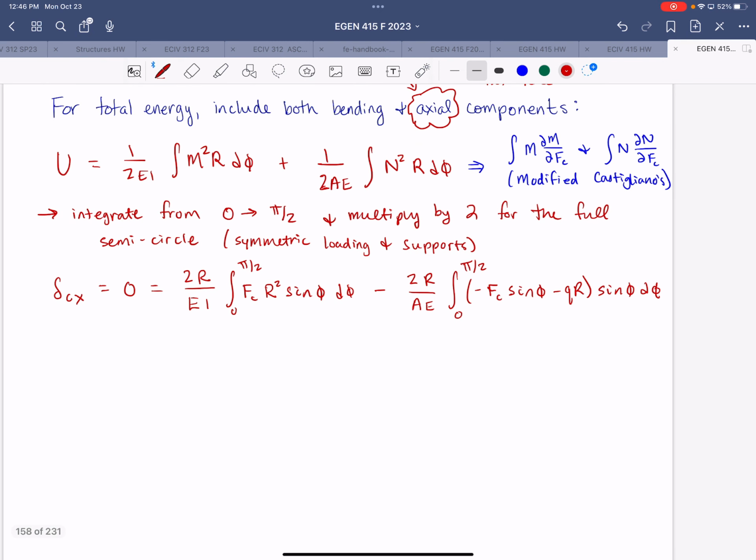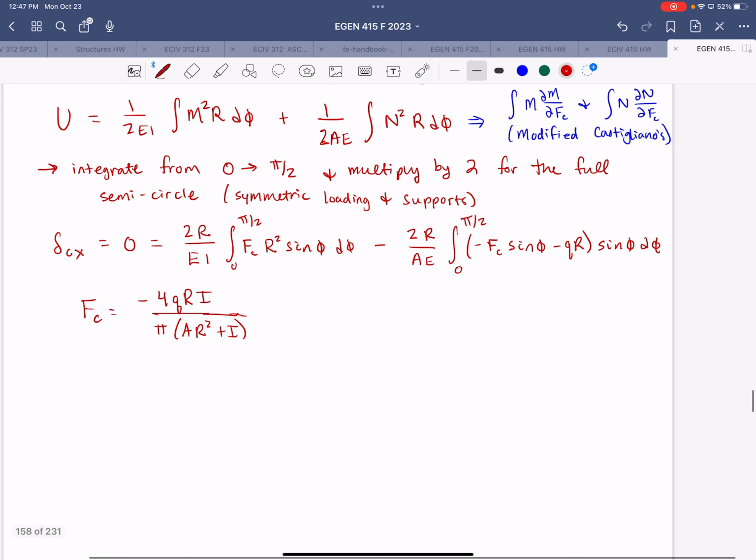All right, so then solving for F C, we get negative 4qRI over pi times quantity A R squared plus I, all multiplied by pi in that denominator. So if we back substitute, we can solve for n in terms of the applied loading.